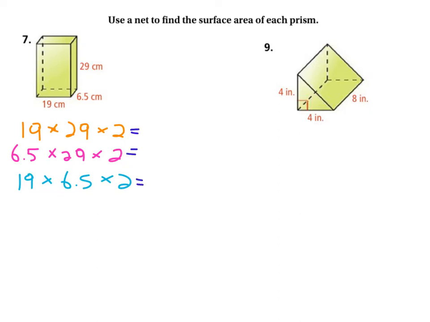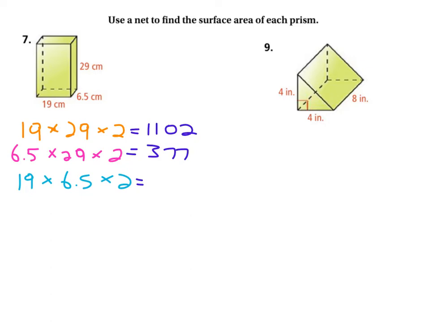I'm going to do this on my little calculator here, just so I don't make any mistakes. 19 times 29 times 2, and I get 1,102. And do the same thing the other direction, 6.5 times 29 times 2 to get 377.